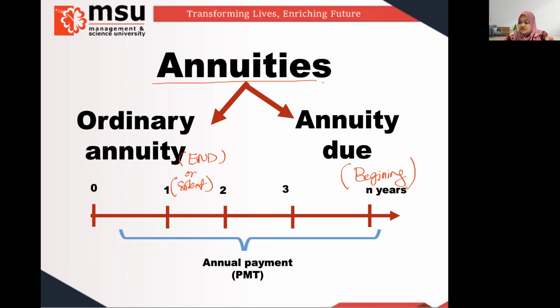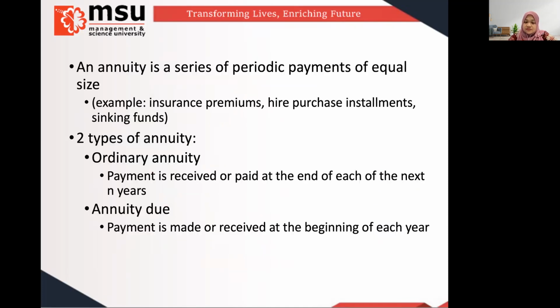If the question stated clearly that the payment happened at the beginning of each year, so it will be annuity due. Okay, for annuity due, they will state clearly that the payment happened at the beginning of each year.